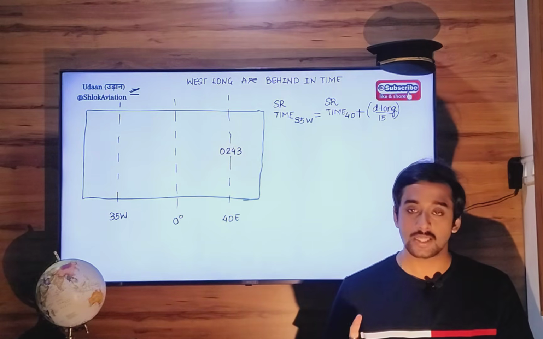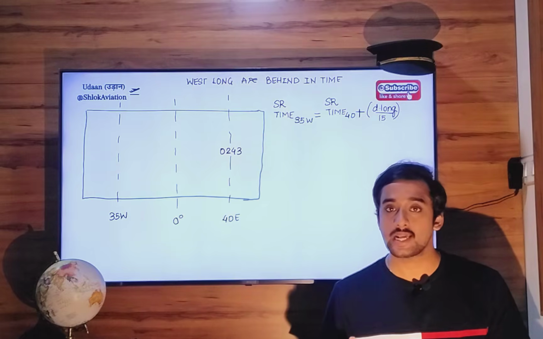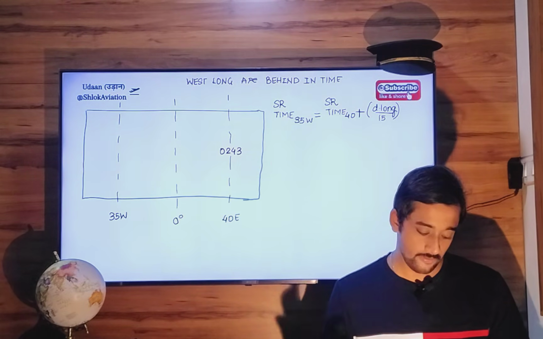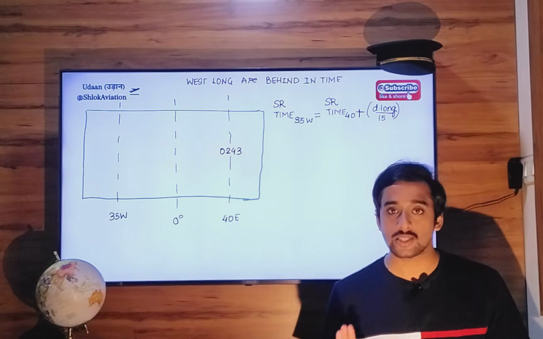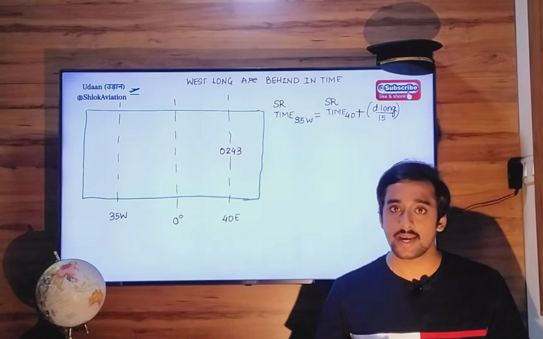If sunrise happens at 02 hours 43 minutes at 40 degree east longitude, it will happen much later at 35 degree west longitude because the timings there are running behind in time.